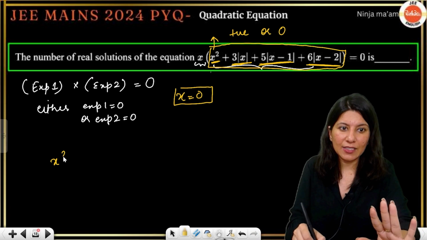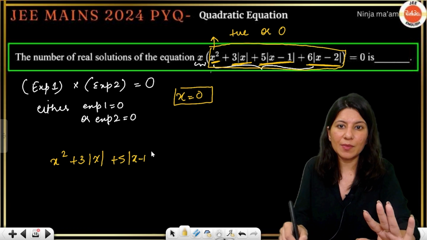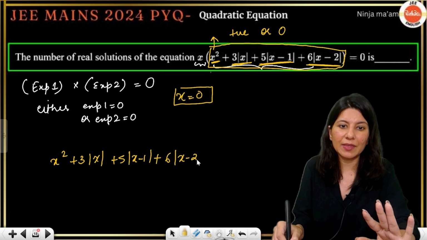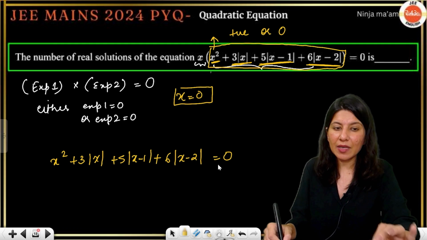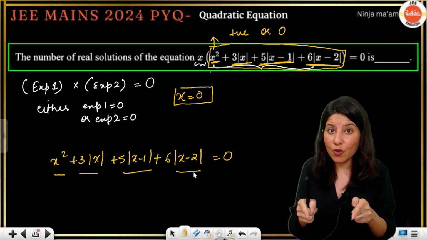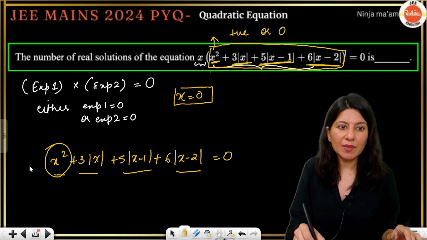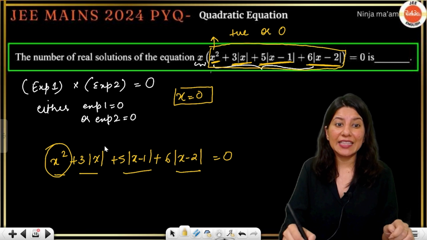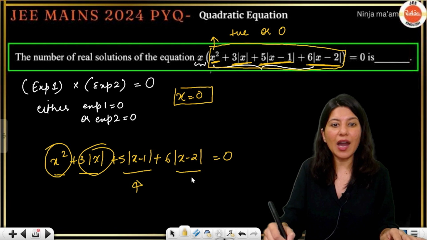See, x square plus 3 mod x plus 5 mod x minus 1 plus 6 mod x minus 2. Okay. We want this to become 0. Now, this will become 0 when each and every term of this expression becomes 0 at the same time. It is not possible because this is becoming 0 at x equals to 0, this is becoming 0 again at x equals to 0, but at x equals to 0, these two are not becoming 0.